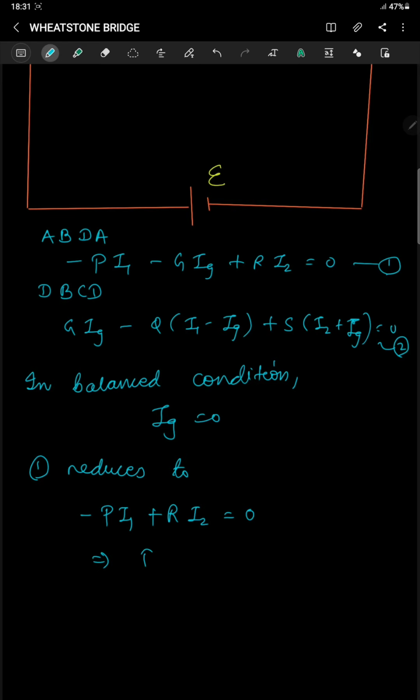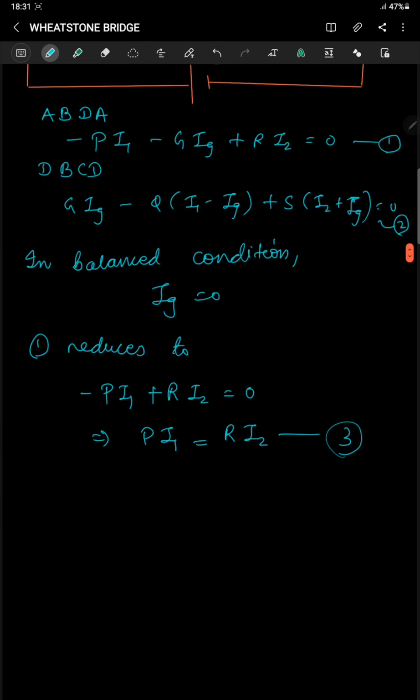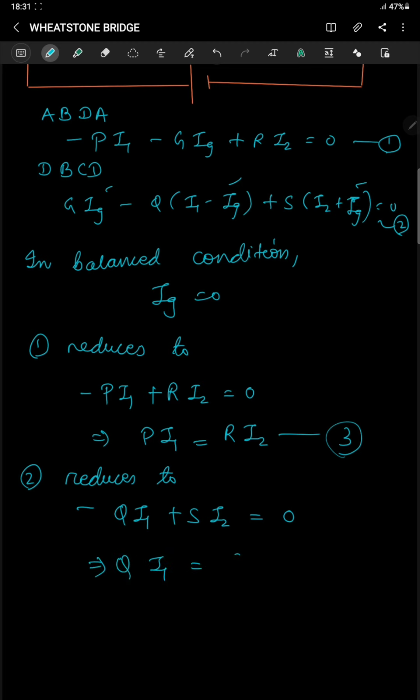This implies P I1 is equal to R I2. Give it as equation 3. Equation 2 reduces to, with Ig put as 0, those terms will go to 0. So minus Q I1 plus S I2 is equal to 0, which implies Q I1 is equal to S I2. Give it as equation 4.